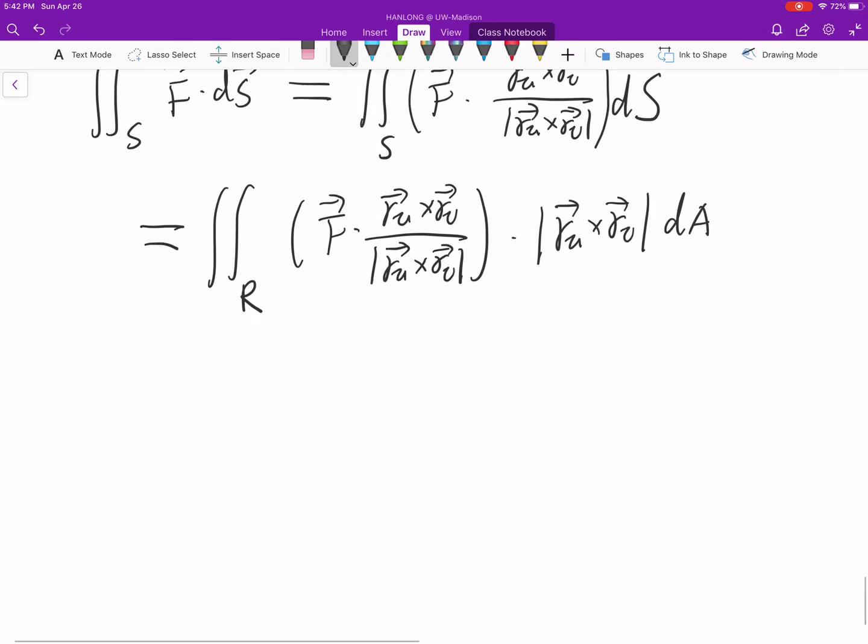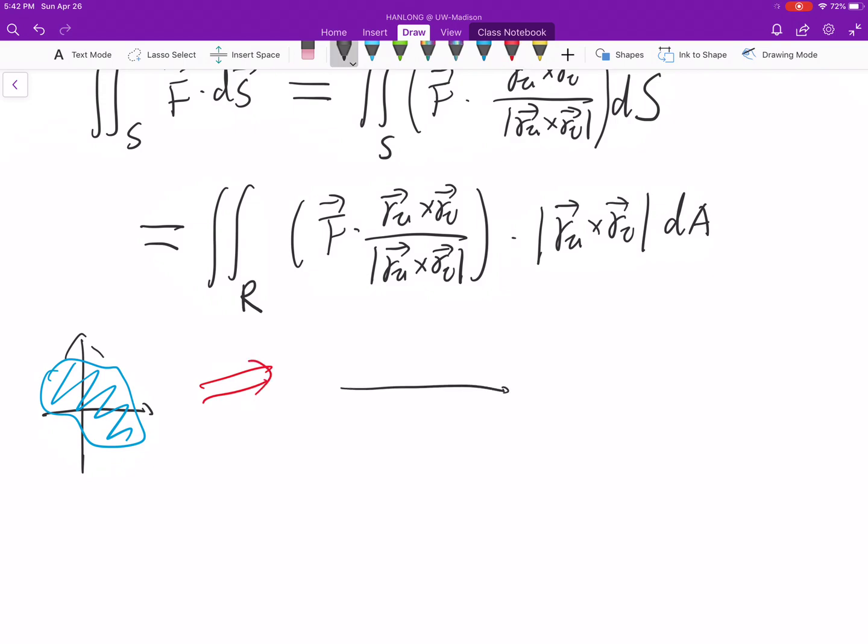So here, let me draw a picture again. R is like this, and the surface S is probably given by this one.